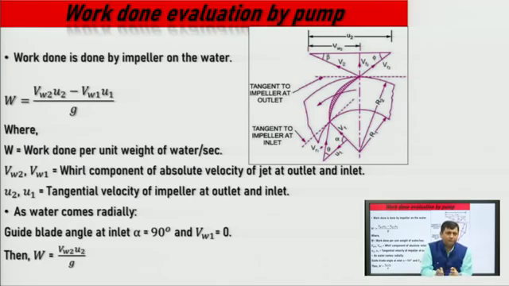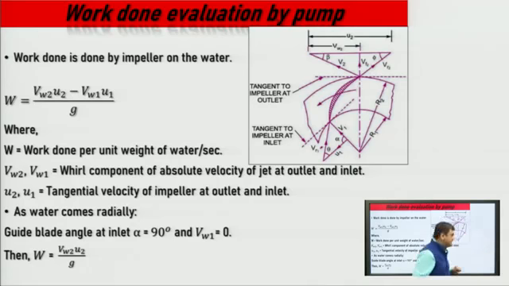This centrifugal pump in reverse mode becomes a Francis turbine. So the velocity diagram is similar; just remember the inlet velocity diagram of a Francis turbine. The outlet becomes the inlet.